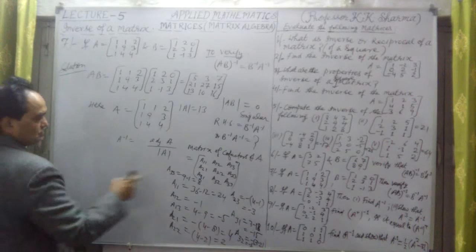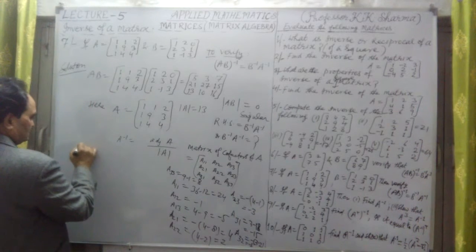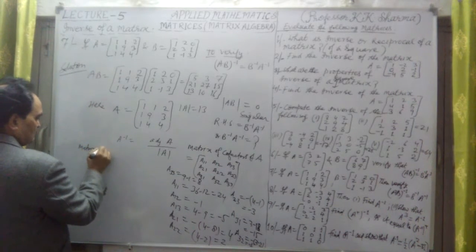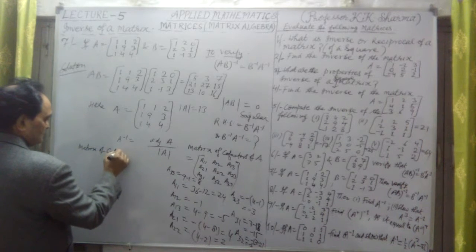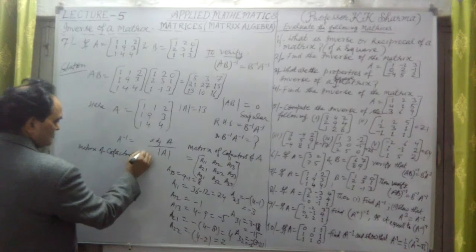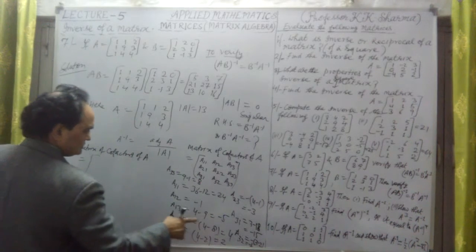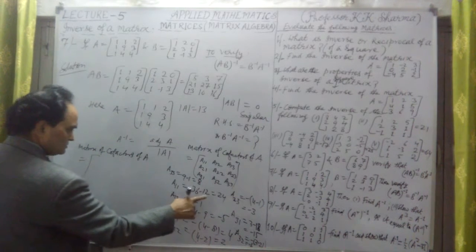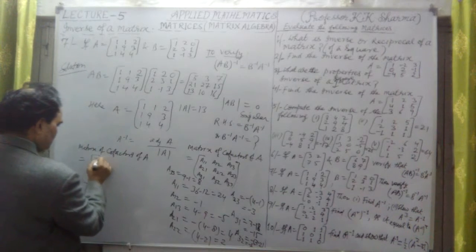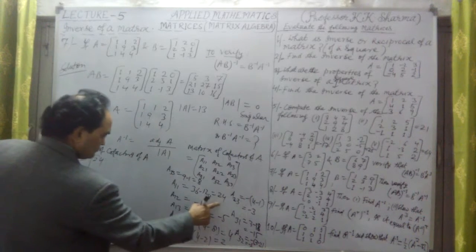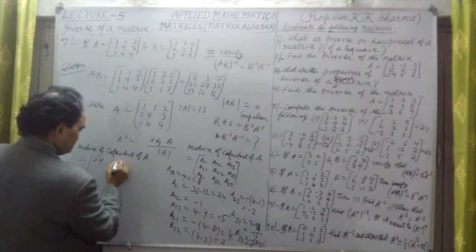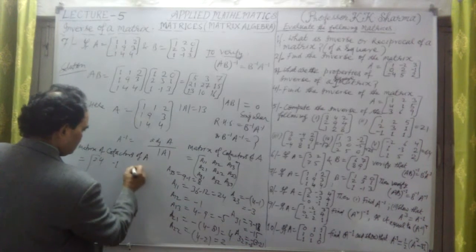Therefore, this is the matrix of cofactors of A. Let me write that. This A11 is 24. A12 is minus 1. A13 is minus 5.